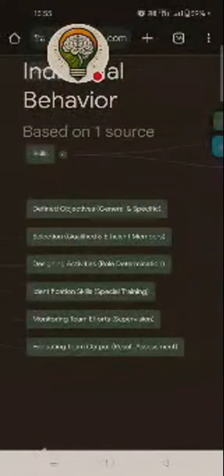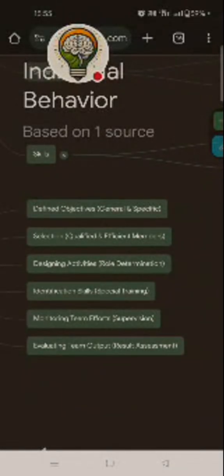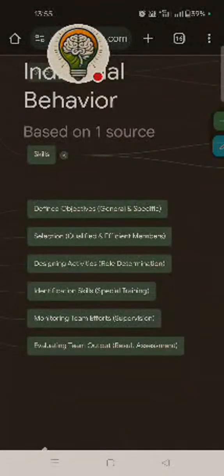Then comes the team building process. What is the process? First is defining the objective, general or specific. Then selection of qualified and efficient members. Then designing activity and role determination. Identification of skills and special training. Monitoring team effect, supervision, and evaluation, with outer result assessment.